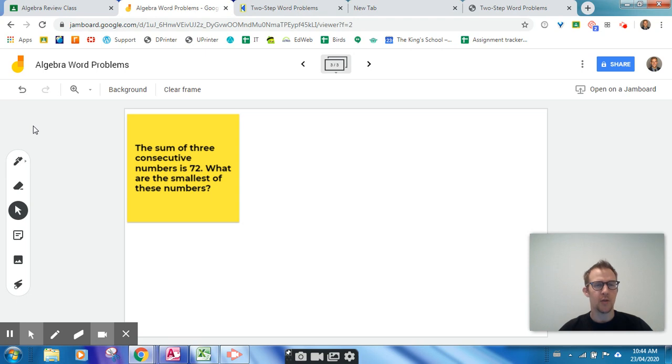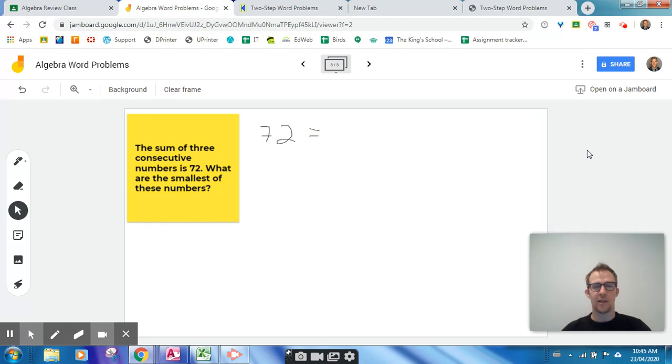So we have to think about the information that we know, and we need to list out that information. The word sum is talking about addition, so the sum of the 3 consecutive numbers is going to be 72. So we can write 72.